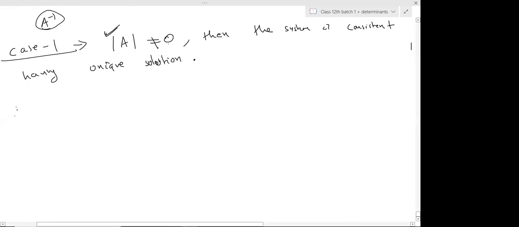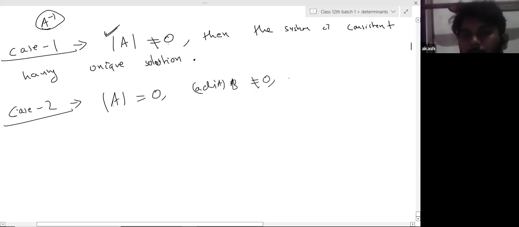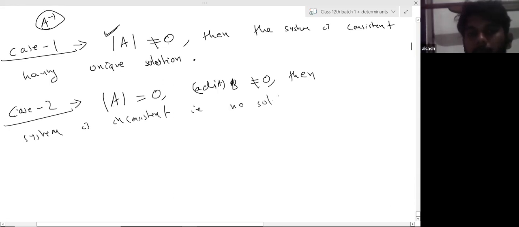All right. In case 2, if the determinant is equal to 0, then try to find adjoint of A times B. If this is not equal to 0, then the system is inconsistent, that is, no solution.